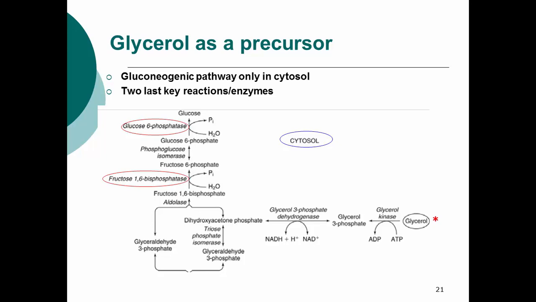Glycerol can be phosphorylated to glycerol 3-phosphate by glycerol kinase. Glycerol kinase is highly expressed in the liver, so that's why the liver can pick up glycerol, which initially comes from triglyceride breakdown in the adipose tissue during fasting.